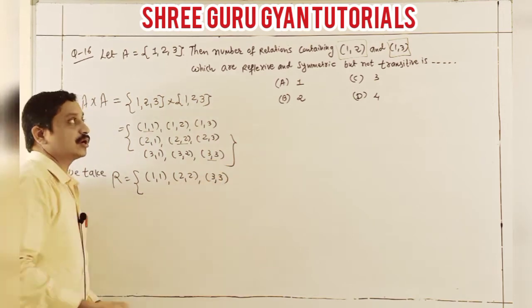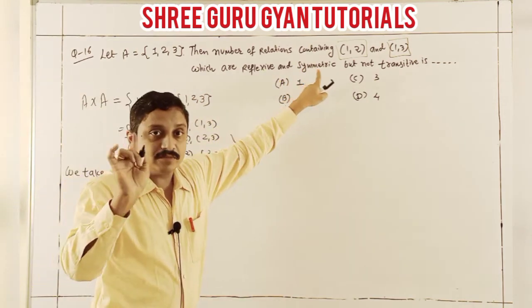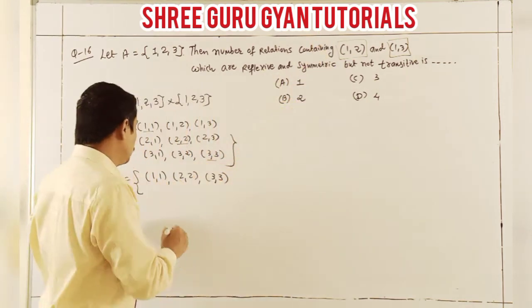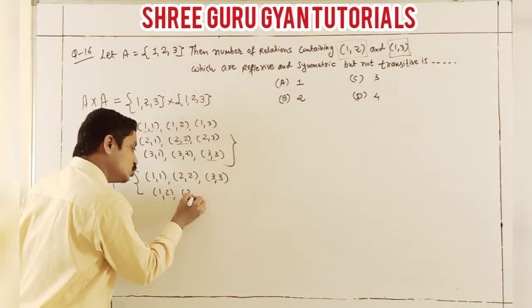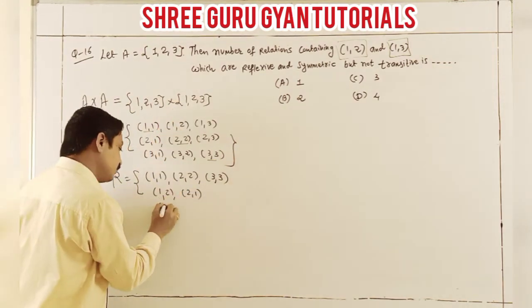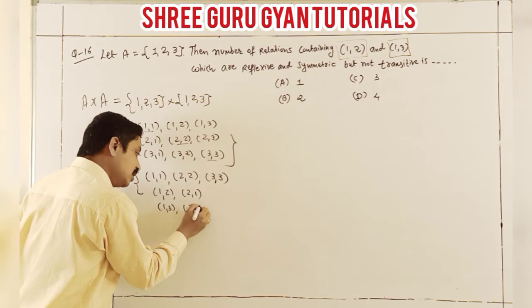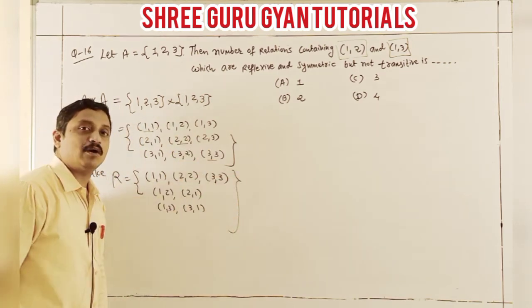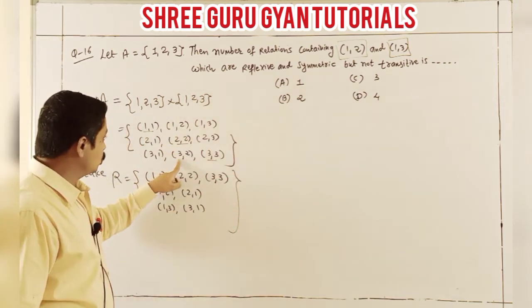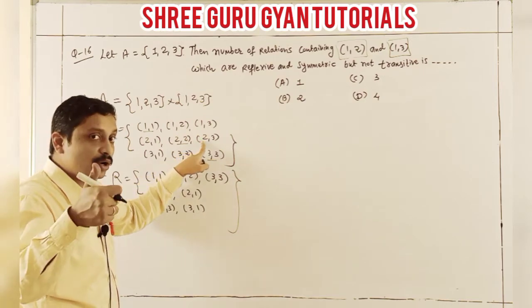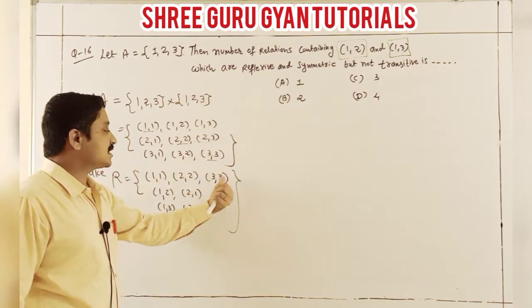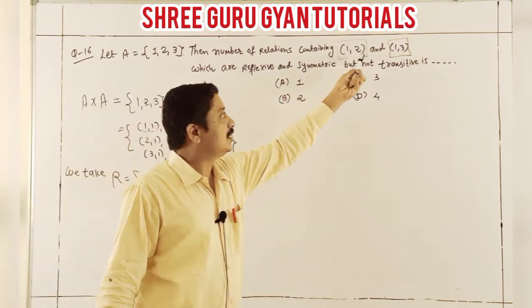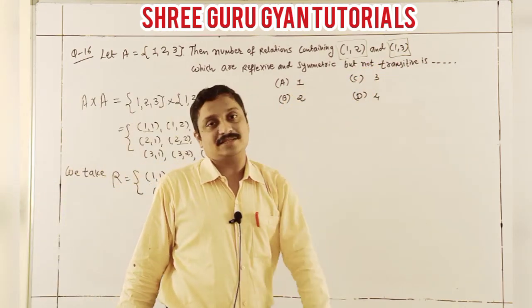That's your reflexive. Now symmetric: for (1, 2), definitely you take (2, 1), and for (1, 3) you definitely take (3, 1). Other numbers like (3, 2), (2, 3) we do not take. Only 7 elements here, because I am checking only (1, 2) and (1, 3).